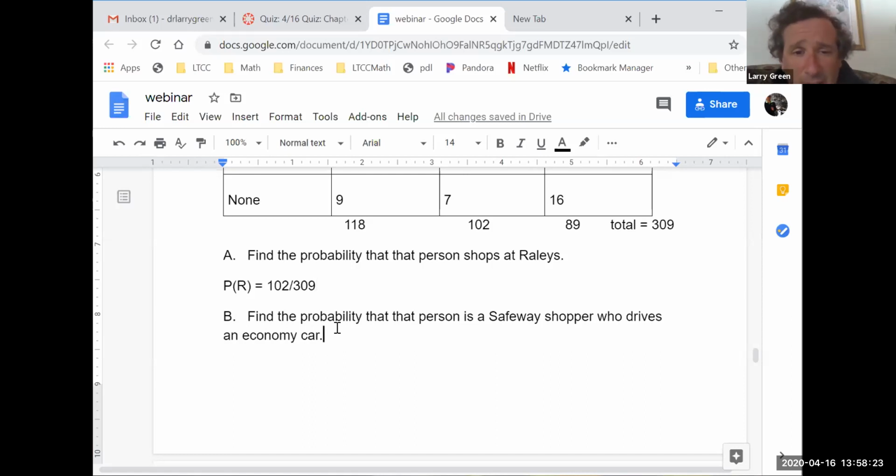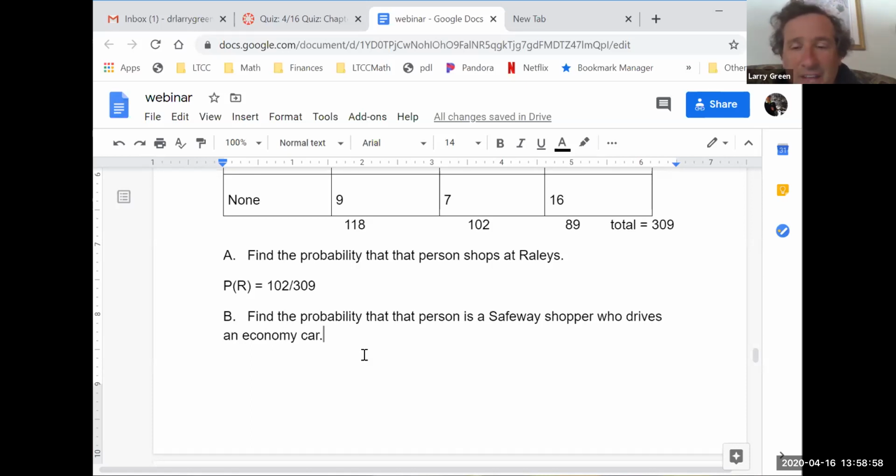Okay, find the probability that a person is a Safeway shopper who drives an economy car. So I want you to put in the chat box in symbols. That's usually the hardest part about these kinds of problems, how do you write these in symbols? See if you can put in the chat box in symbols the probability that a person is a Safeway shopper who drives an economy car.